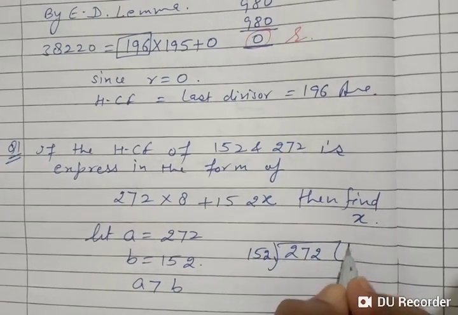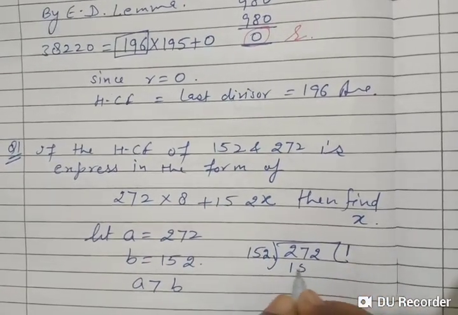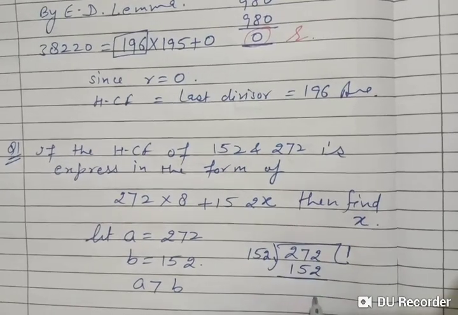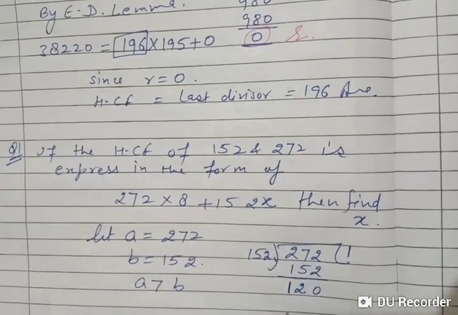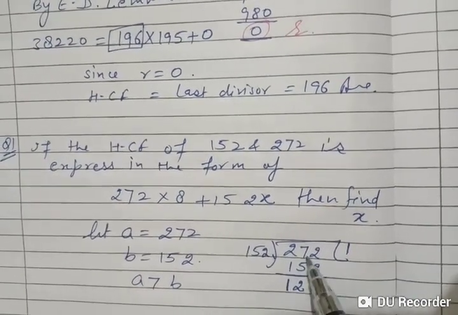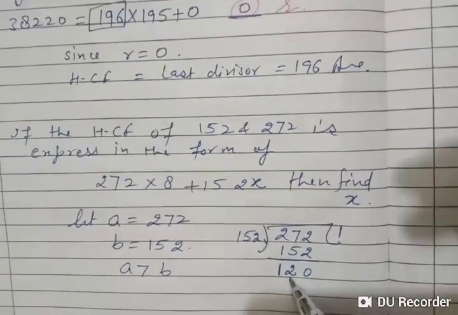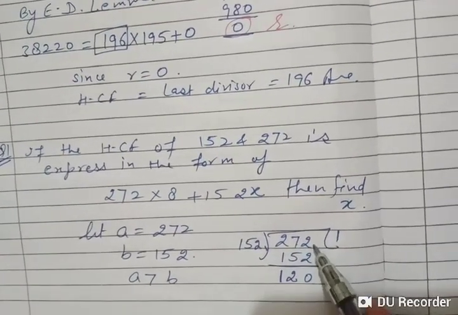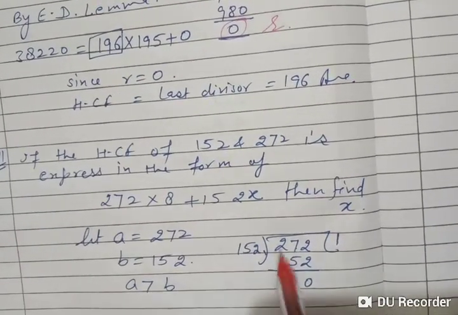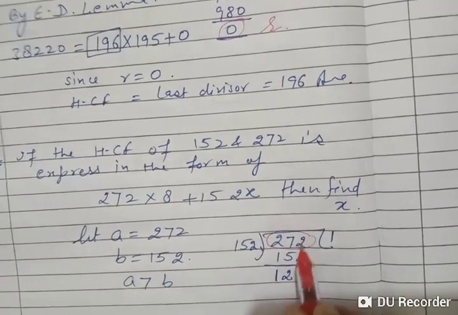So 152, 0 and 2, then it is 120. You can see easily that this 120 is smaller than 272. So this is A, we have considered already.